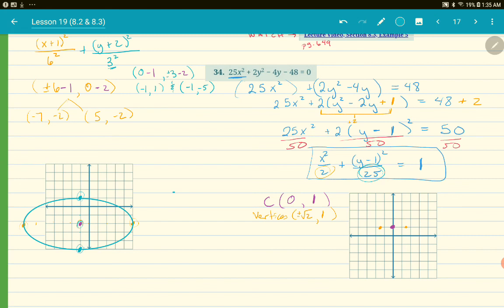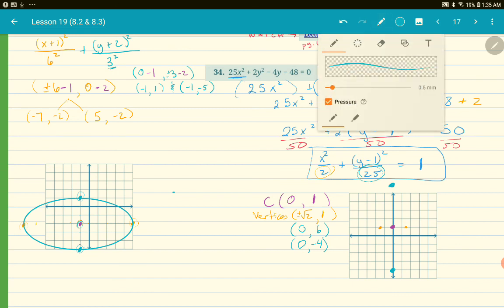So that means that's going to be up 5, down 5. So plus or minus 5. So from the center, I go up 5, 1, 2, 3, 4, 5, and down 5, 1, 2, 3, 4, 5. And I find the vertices are at (0, 6) and (0, -4).